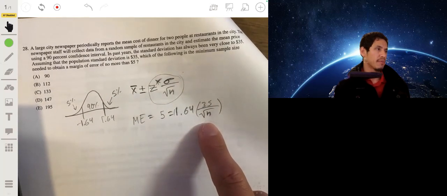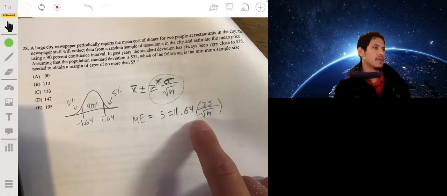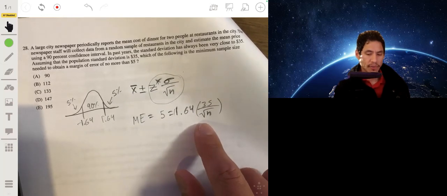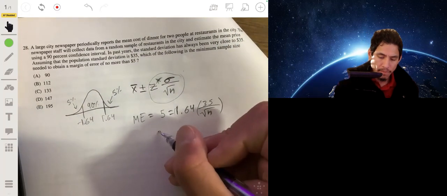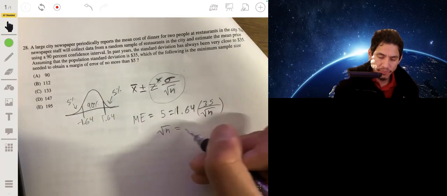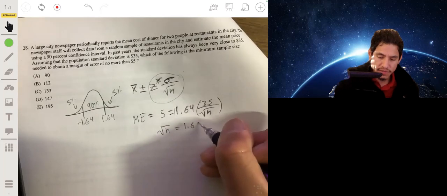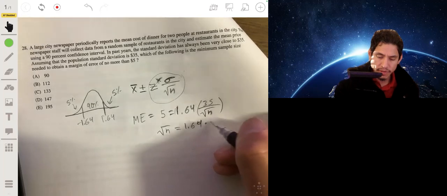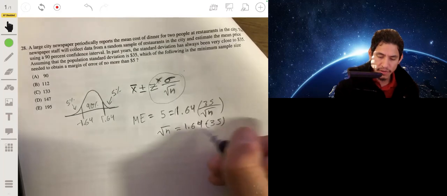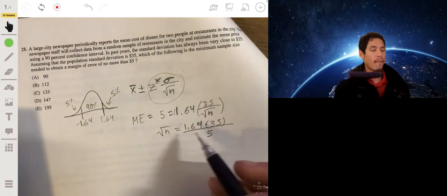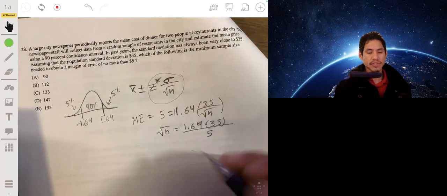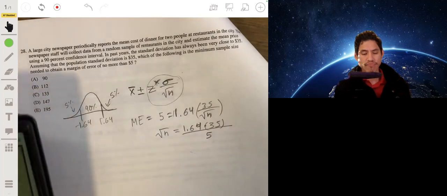So make sure you know your algebra. We multiply both sides by the square root of n and divide by 5. So we'll have the square root of n equals 1.64 times 35 in the numerator, all over 5. To get n, we just square this whole quantity.